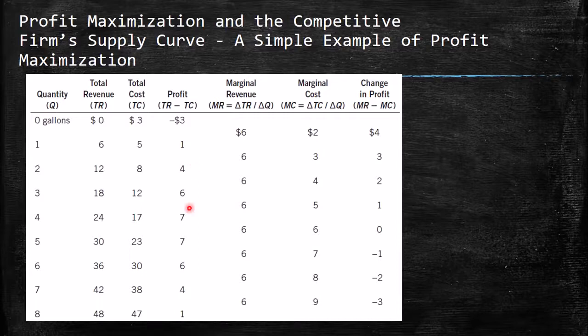It increases, it goes to the maximum at the fourth and fifth unit, and then it decreases. So automatically you can say that the maximization of this firm is going to be this one or this one. But this one could be kind of better because you produce less quantities. It's going to be 4. So maybe you will say this one.